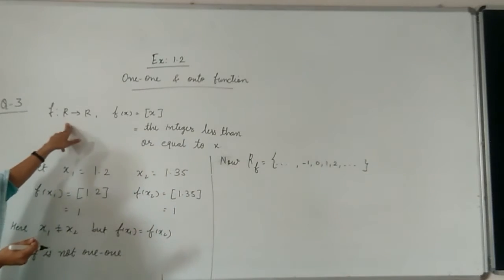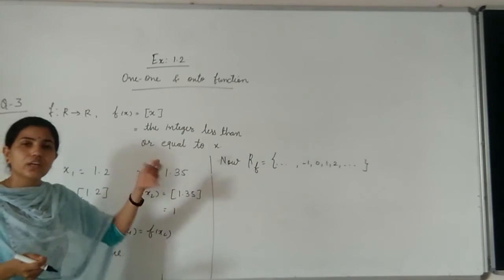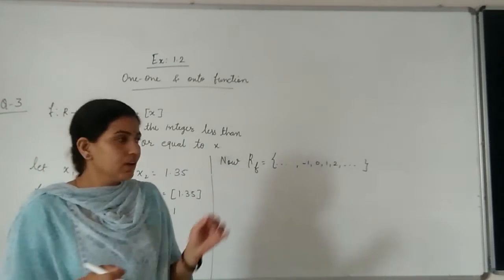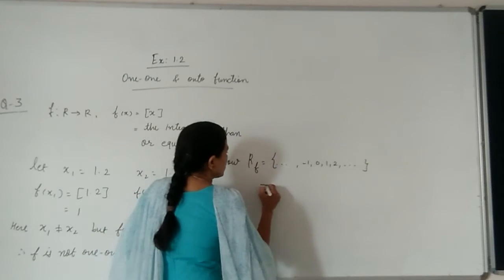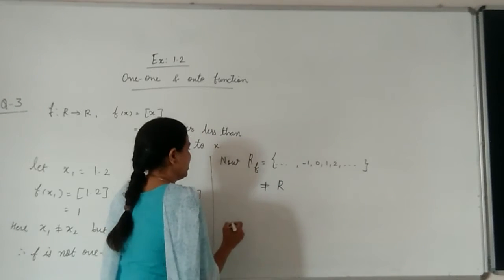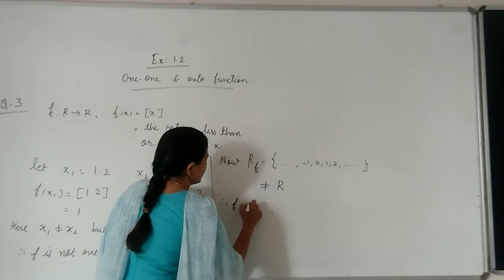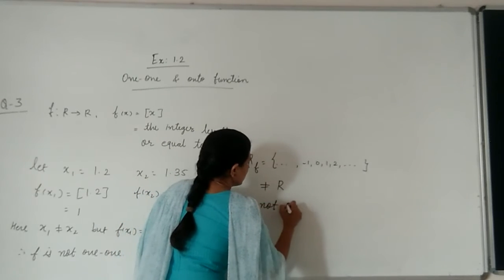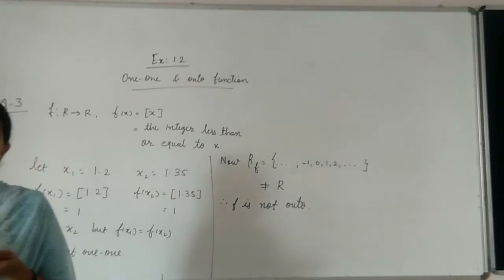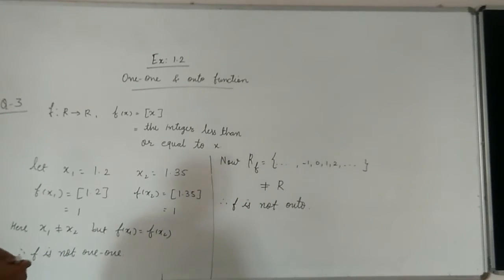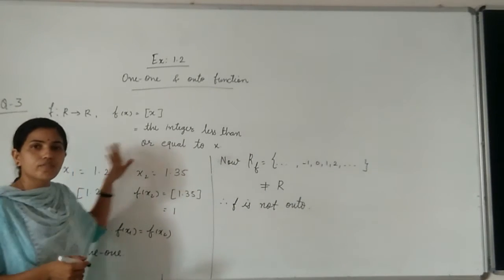For every real number, the greatest integer function gives us an integer value, and that's why its range will be the set of integers, which is not equal to R. Therefore f is not onto. Okay students, so you understood how to show it is not 1-1 and not onto.